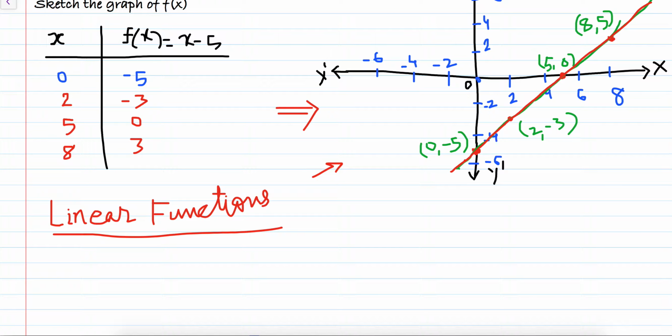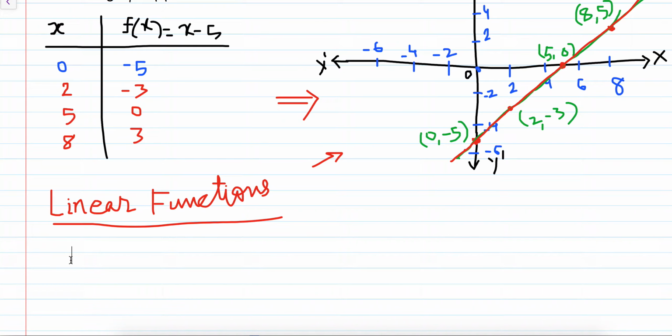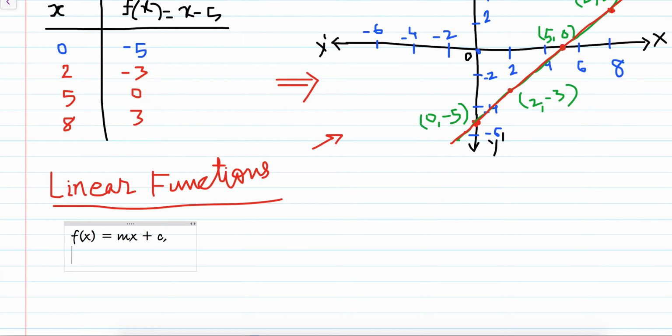So we can generalize this kind of function. We can define linear functions as f(x) equal to mx plus c. Here m is some constant and c is also some constant. So this function we will call linear functions.